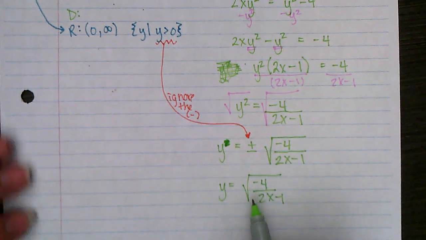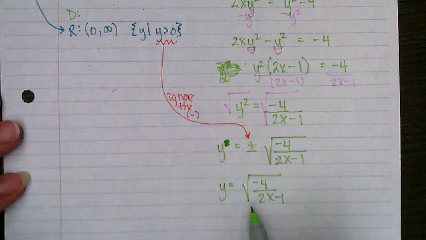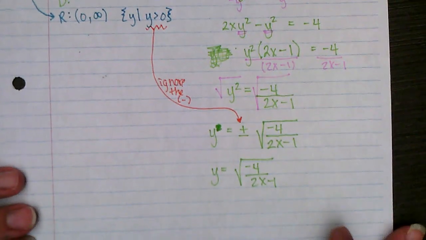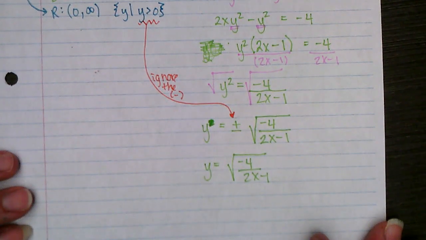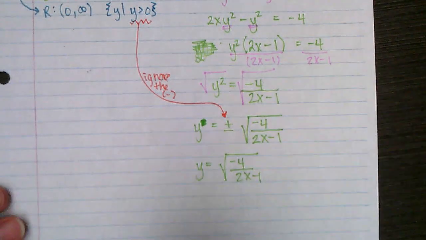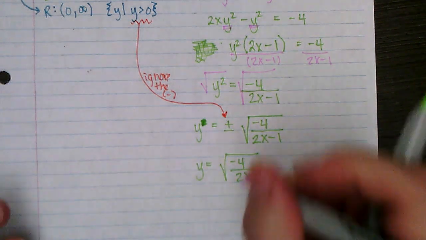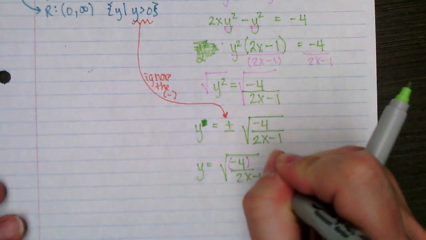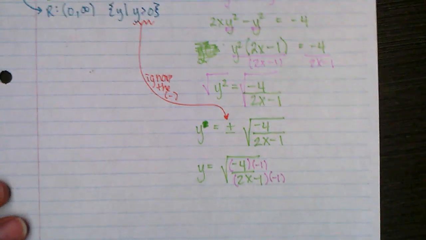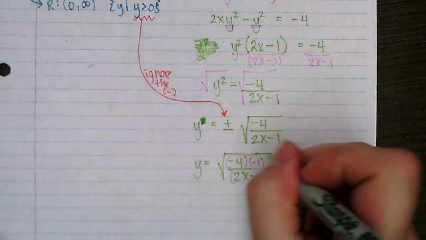So that right there is our inverse function: the square root of negative 4 over 2x minus 1. I'm going to make that look a little different, though, because I'm a little freaked out by that negative 4 inside a radical. So I'm going to multiply the numerator and denominator both by negative 1 inside that radical.